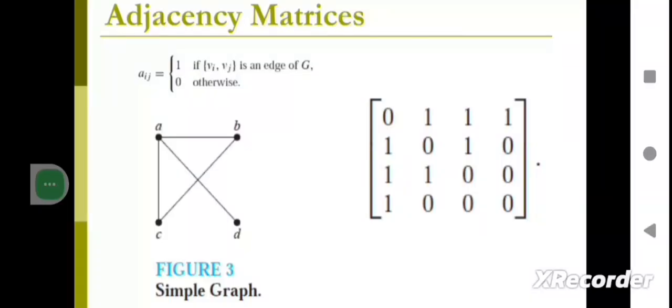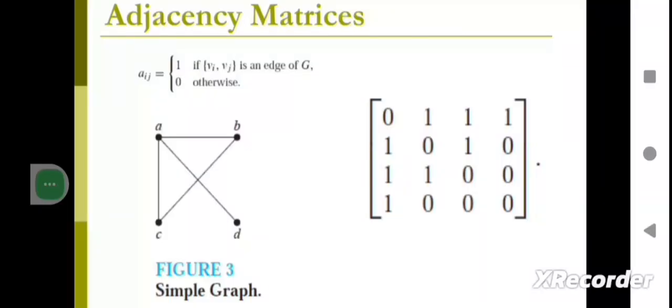Next vertex B. A to B there is an edge, so in the first row the second value is 1. A to C there is an edge, so the third value is also 1. A to D there is an edge, therefore the first row fourth value is 1.